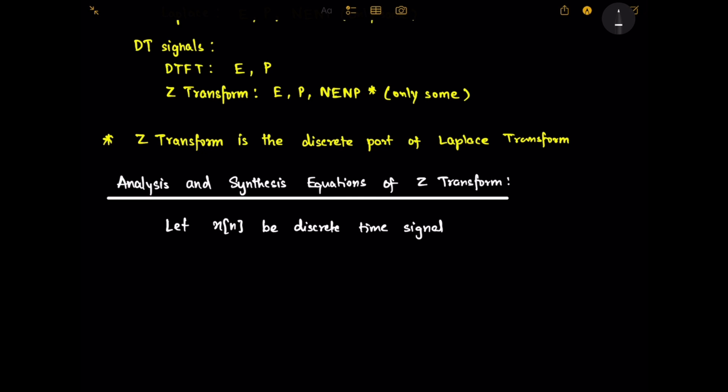Now we want to find the Z transform for this discrete time signal. Here X of z represents the Z transform, and z denotes the complex variable.